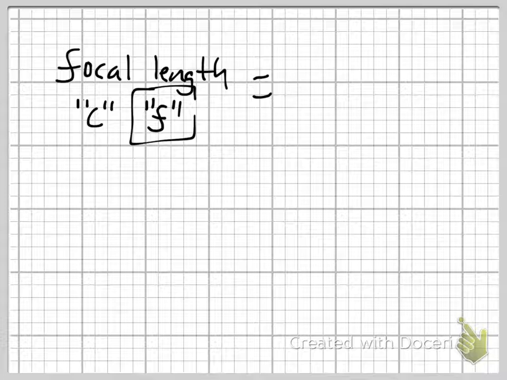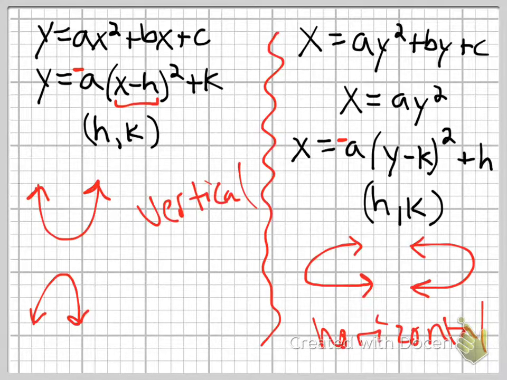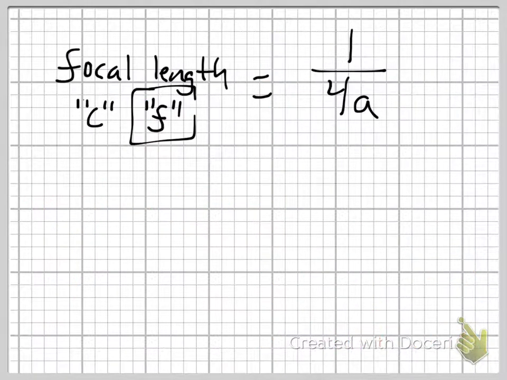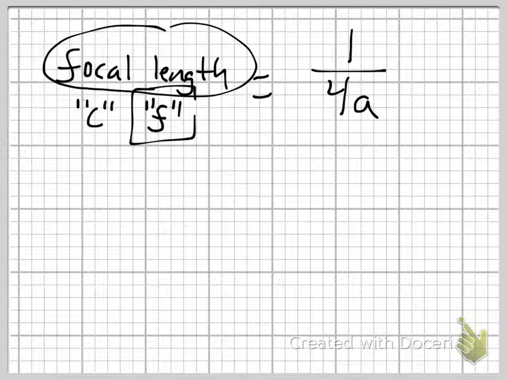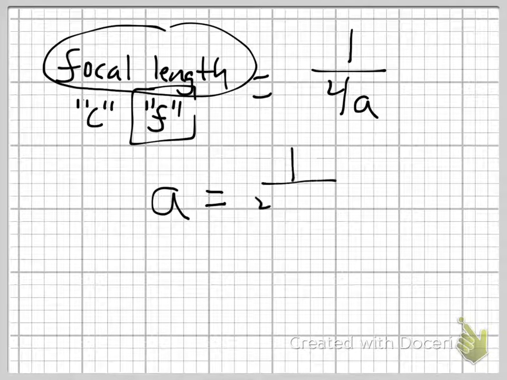The focal length is equal to 1/4 times that a value. And that's the a value that's here, and for all of these, whether it's vertical or horizontal, it's that same a value. So f equals 1/4a. And because this is a reciprocal, you could find your a value by taking 1/4 times the focal length.